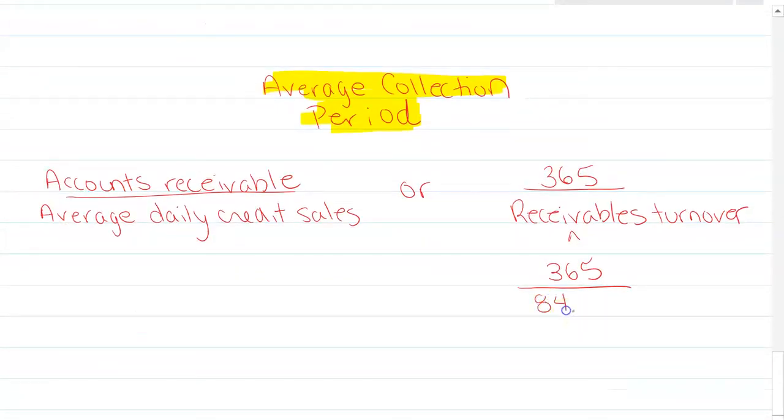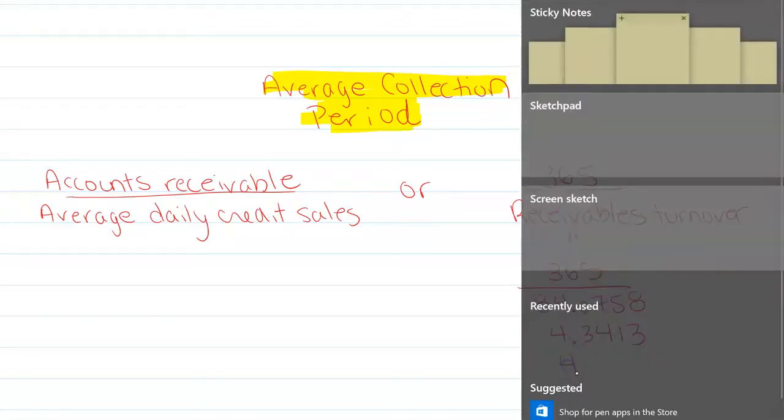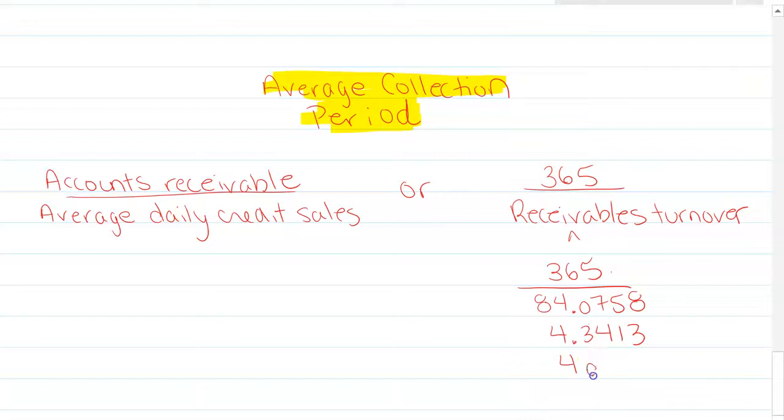So if you take 365 and divide it by 84.0758, you get 4.3413, and I just round this up or down. So we'll just say it actually is 4 days. So it only takes them 4 days to convert their accounts receivable to cash.